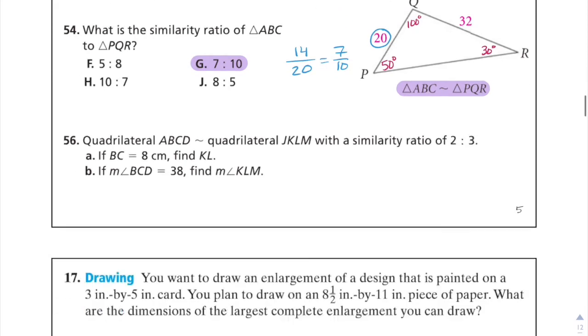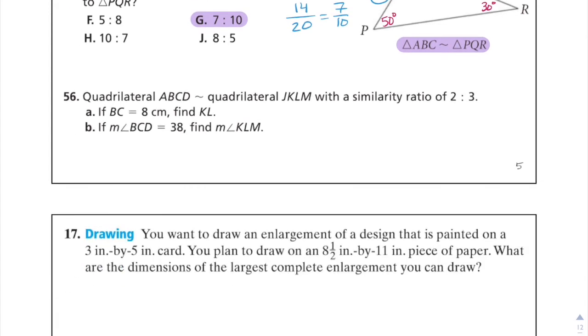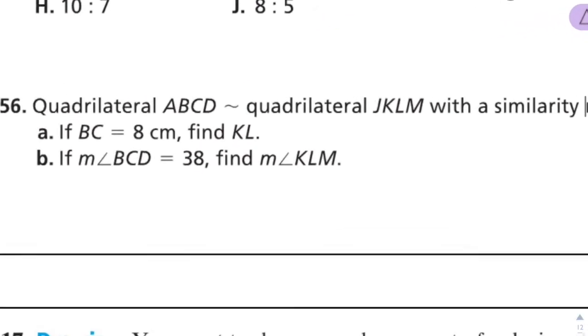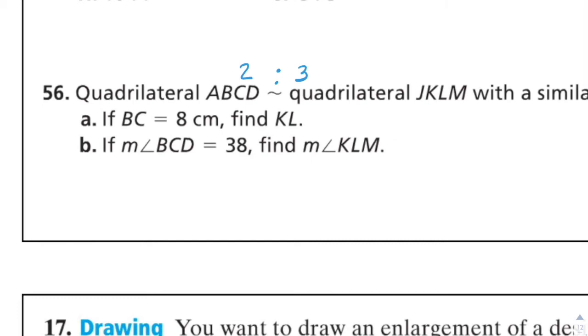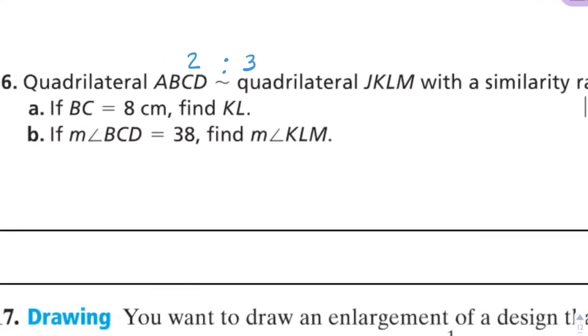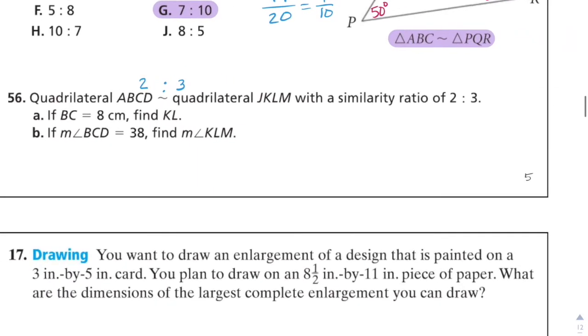All right, this one, quadrilateral ABCD, is similar to quadrilateral JKLM with a similarity ratio of 2 to 3. So this quadrilateral has a 2 and this one has a 3. What I know about a quadrilateral is that it has 4 sides. So I'm going to sketch out ABCD and JKLM. I'm just going to do any 4-sided figure here.